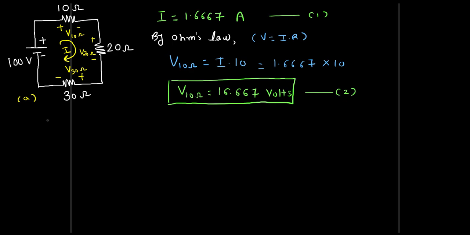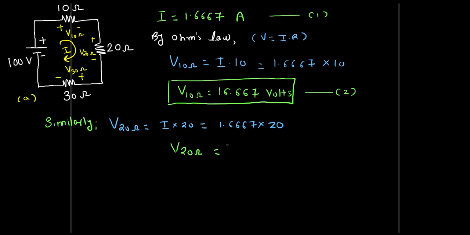Similarly, so voltage across 20 ohm will be equal to I into 20. So that is equal to 1.6667 into 20. So that will be equal to, if you put this in calculator, we will get voltage across 20 ohm as 33.334 volts.